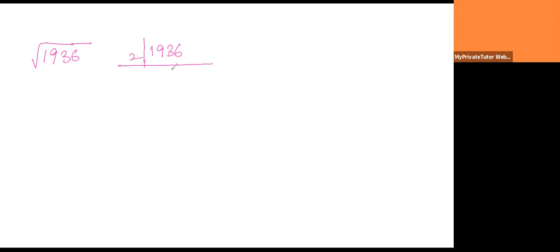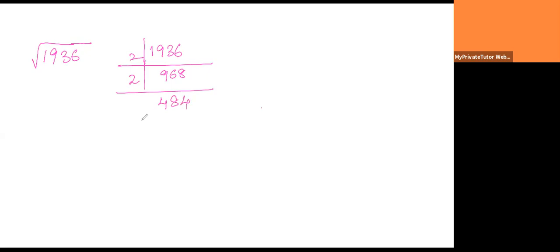So let's divide by 2. So if we divide by 2, we'll get 968. Okay, and then since we divided by 2, we have to divide one more time by 2. So if we divide by 2, we'll get 484, and then 242, and then 121.